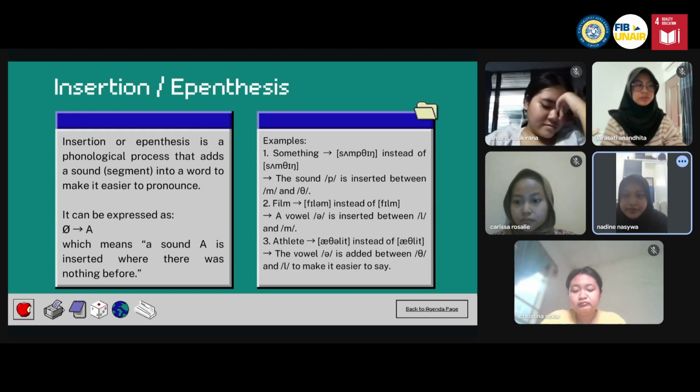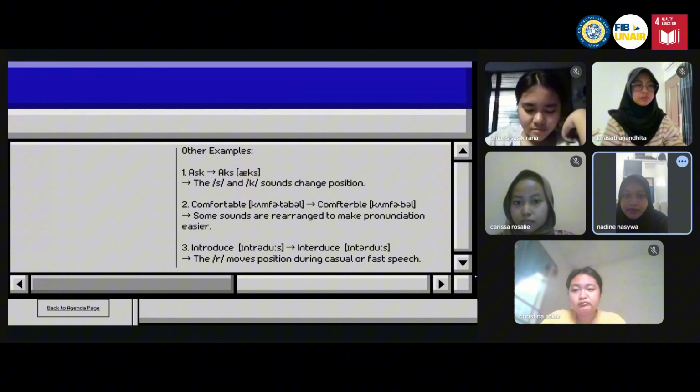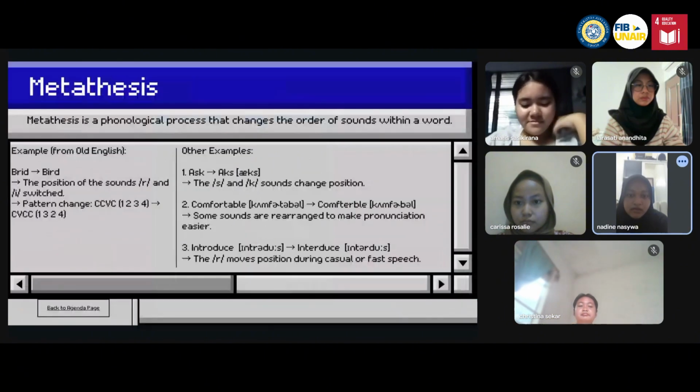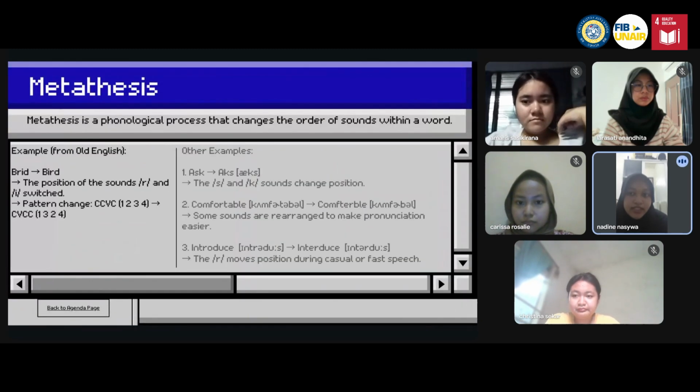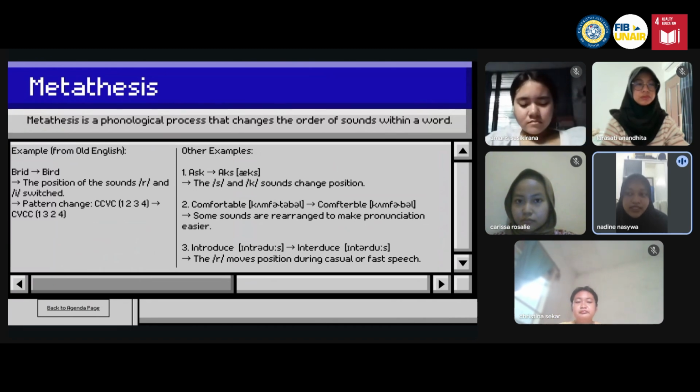Next, metathesis is a phonological process where the order of sounds changes inside a word. This can happen naturally over time or when people pronounce words quickly.